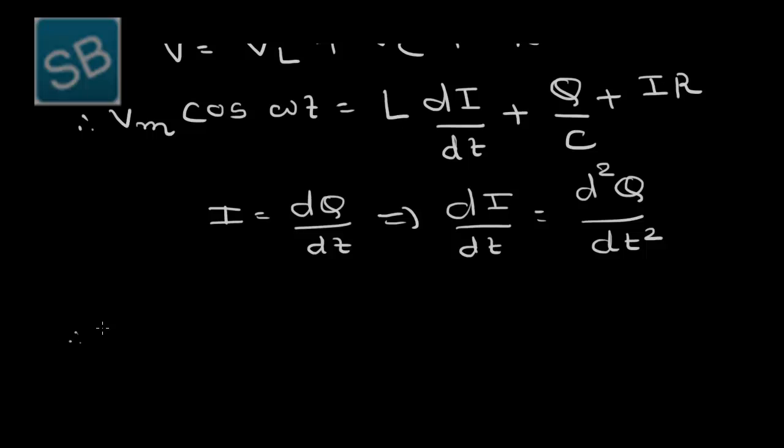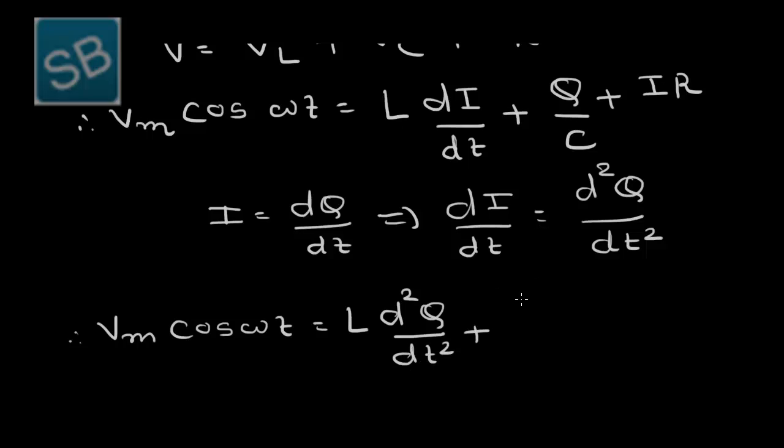And therefore Vm cos omega t is equal to L d square q by dt square, plus q by C as it is, plus R dq by dt. So actually we are moving to obtain the differential equation.